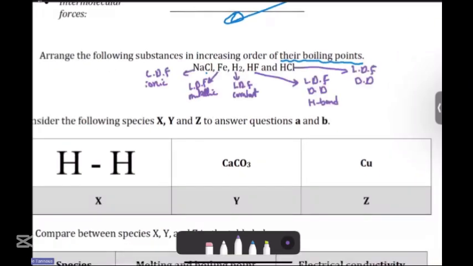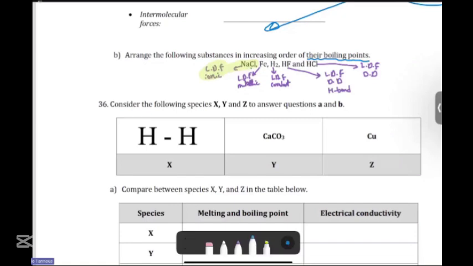So the picture is clear. The more bonds it has, the higher the boiling point. Now, we always exclude the ionic bond because the ionic bond is the highest ever. So, NaCl is the last one. And then what comes after is the metallic compound.